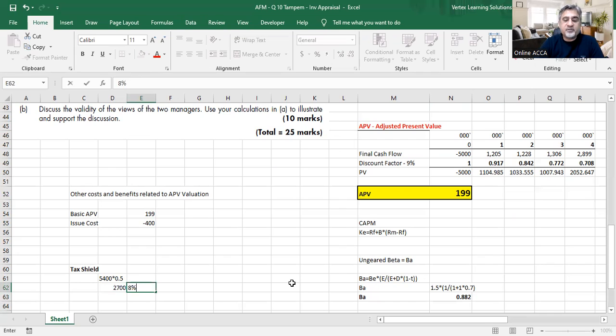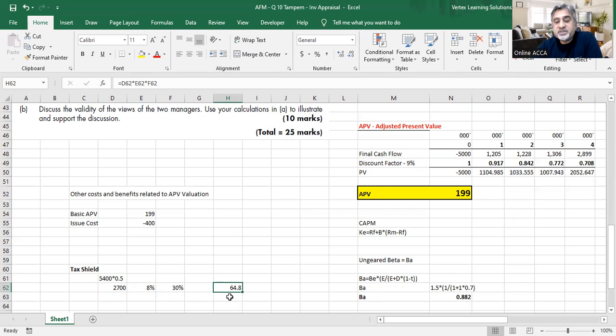And what is your tax shield? Tax shield is 30% of that. So you are going to get this much tax shield, 64.8 thousand. 64,000 you are going to get, because I'm assuming 3 zeros on the top.